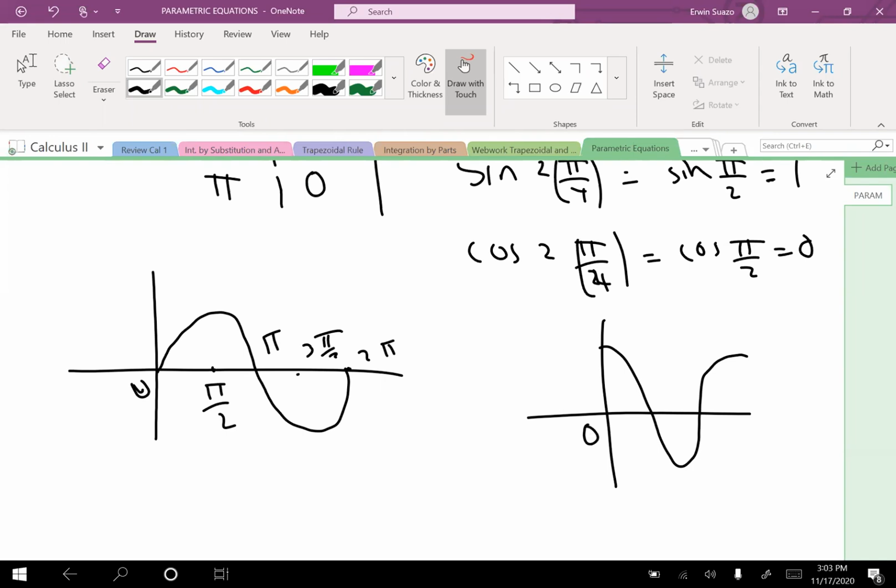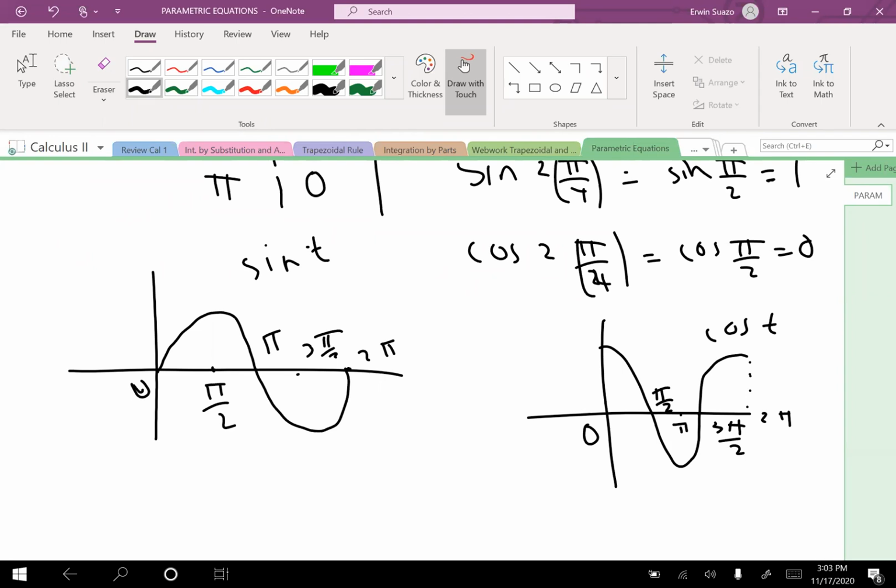So I'm asking for sine of 2 pi, this is sine of t, and this is cosine of t.